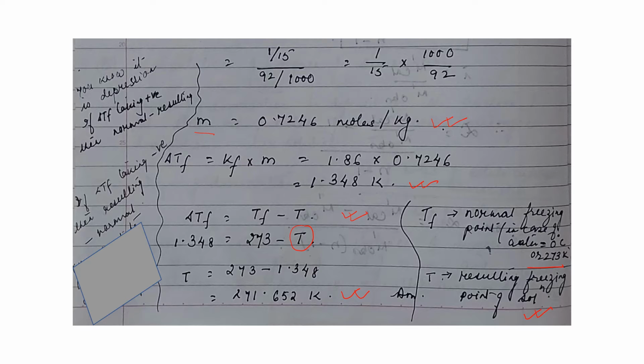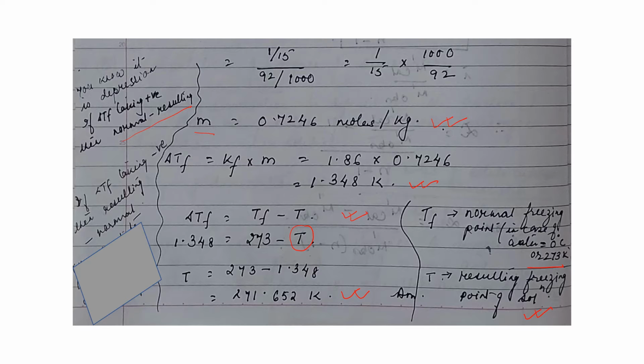Now you know that it is the case of depression. If delta Tf is positive, then it is normal minus the resulting freezing point.